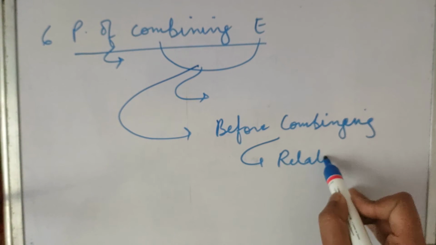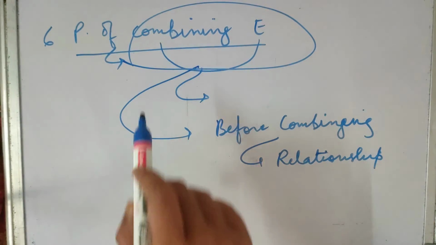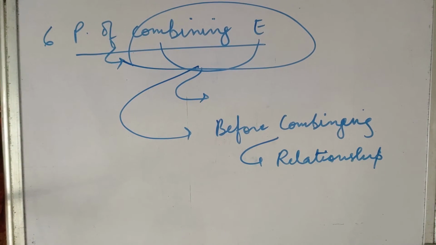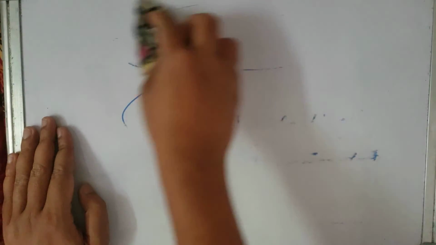If their relationship is good, then we will get the highest returns. So this is the principle of combining enterprises. Hope you all get these principles, very important principles from the UPSC point of view.